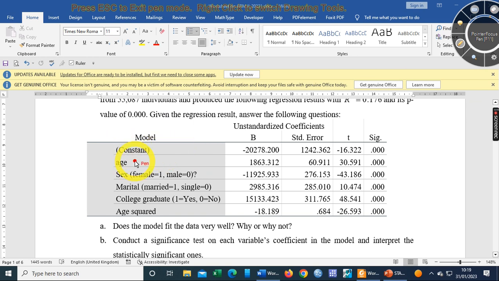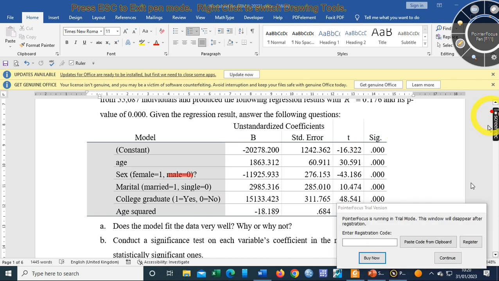This is age, sex. The reference group in this case is male, and the category which is included in the model is female. Marital status, married versus single. The reference group is single. College graduate, the reference group is no. Age squared, each included.